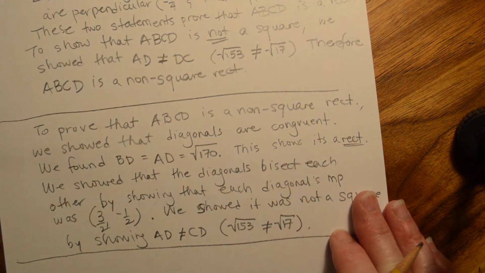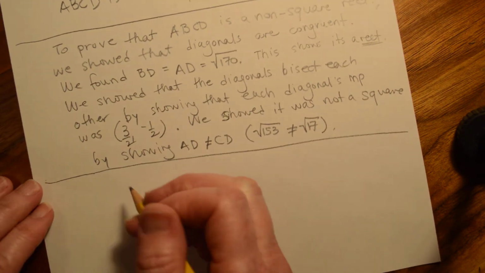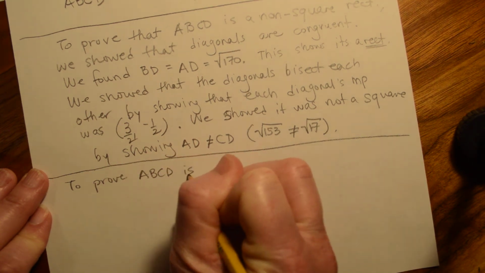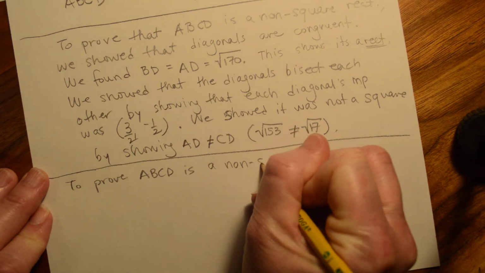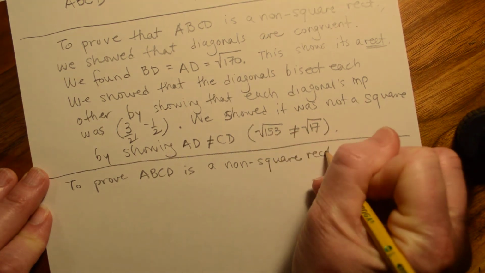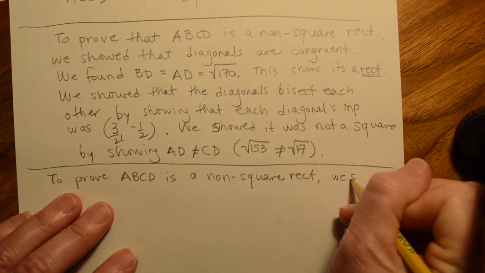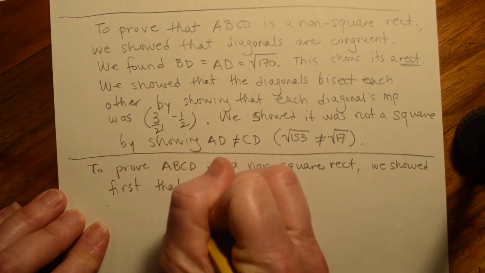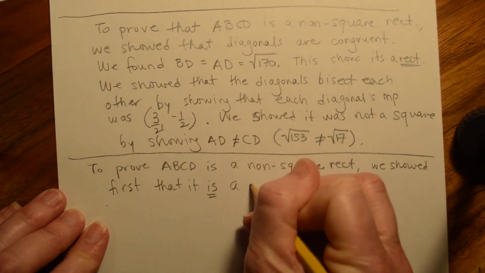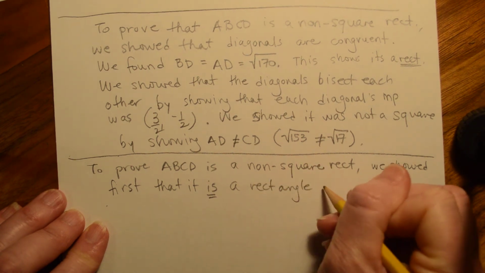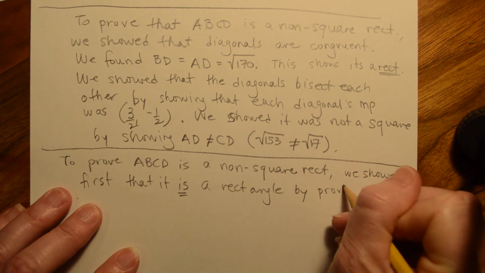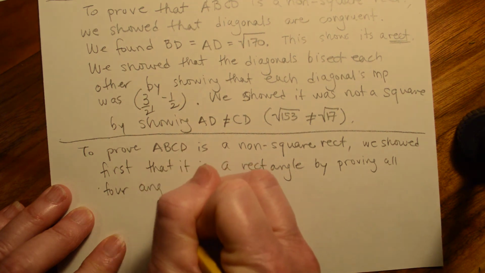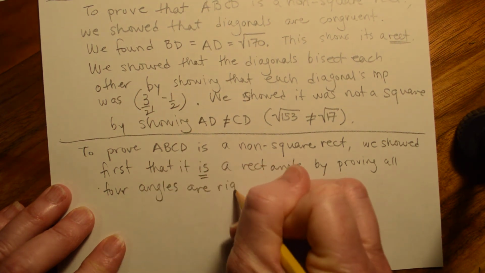Okay, so we are going to say that to prove ABCD is a non-square rectangle, we showed first that it is a rectangle by proving all 4 angles are right.